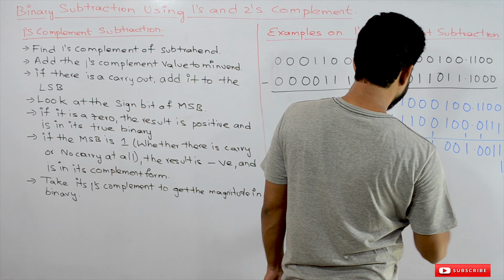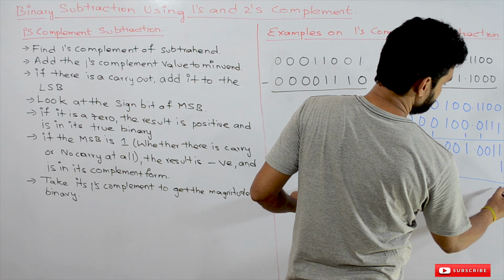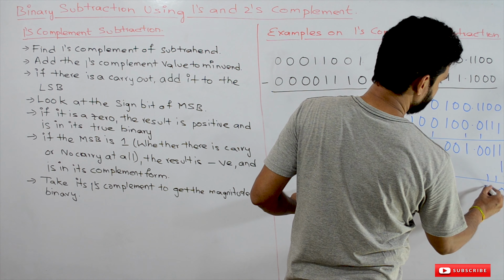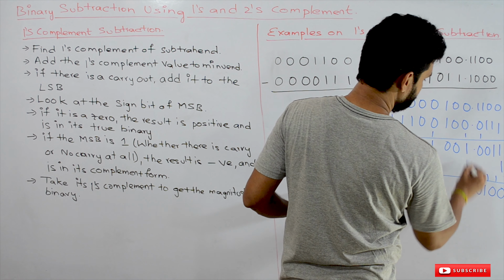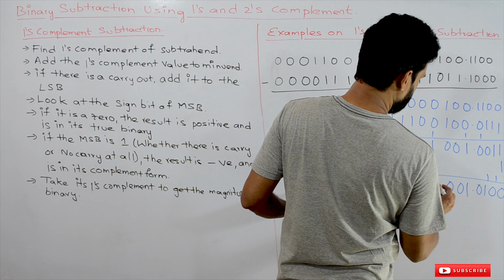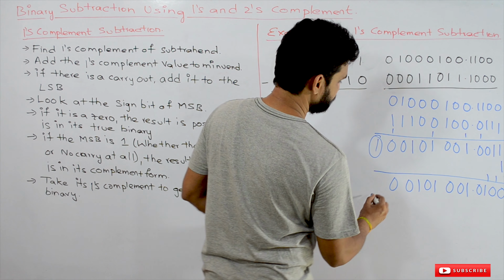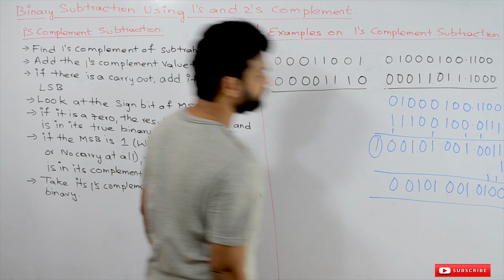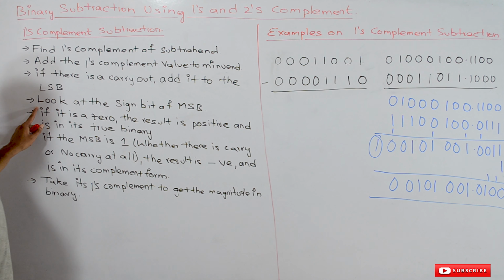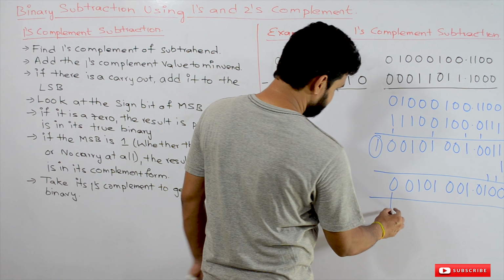By adding it to the LSB, what is the output? The result is 0 1 0 1 1 0, and this is 1 0 0 1 0 1 0 0. So this is the output. Next, we have to look at the sign bit, the MSB.